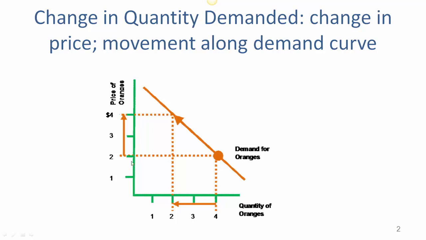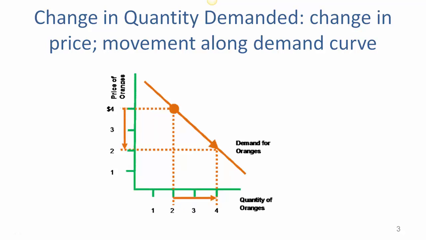And again, what we're noting in this is that we are having an increase in prices. So the price goes up from $2 to $4. And as a result, the quantity of oranges in this case goes from 4 to 2. Movement along the demand curve, moving upward to the left, indicating a decrease in quantity demanded.